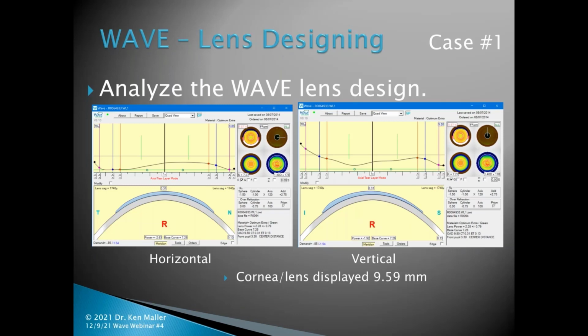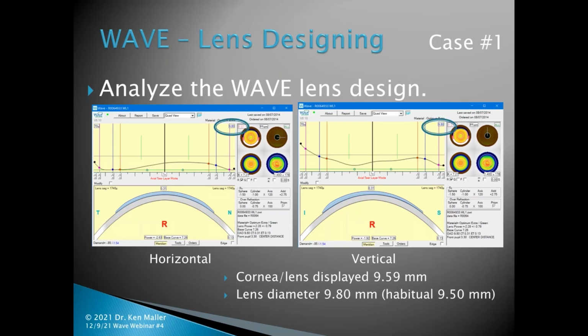Remember, last time we talked about how even if we have a selection diameter that's larger, we typically lose a little bit of the edge due to some internal workings of Wave. So we're missing a little bit here because we have the diameter set at 9.8.